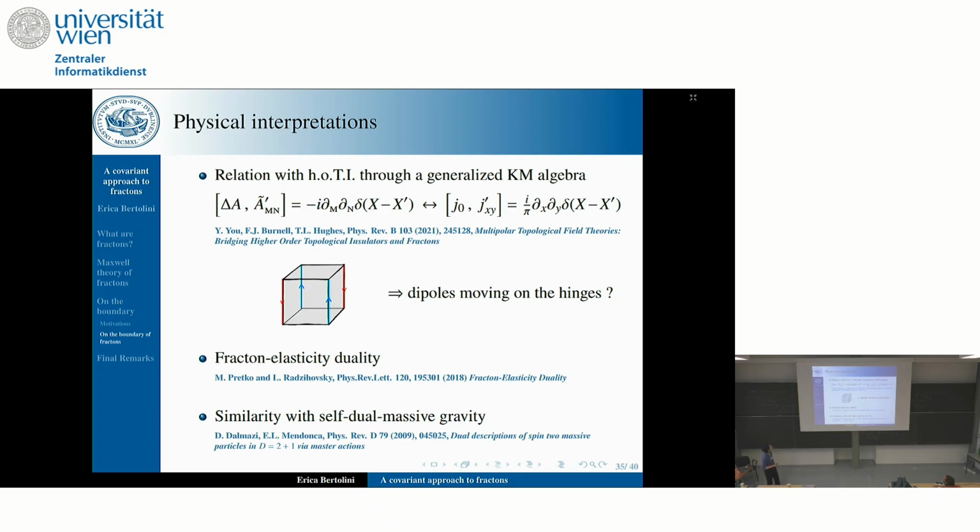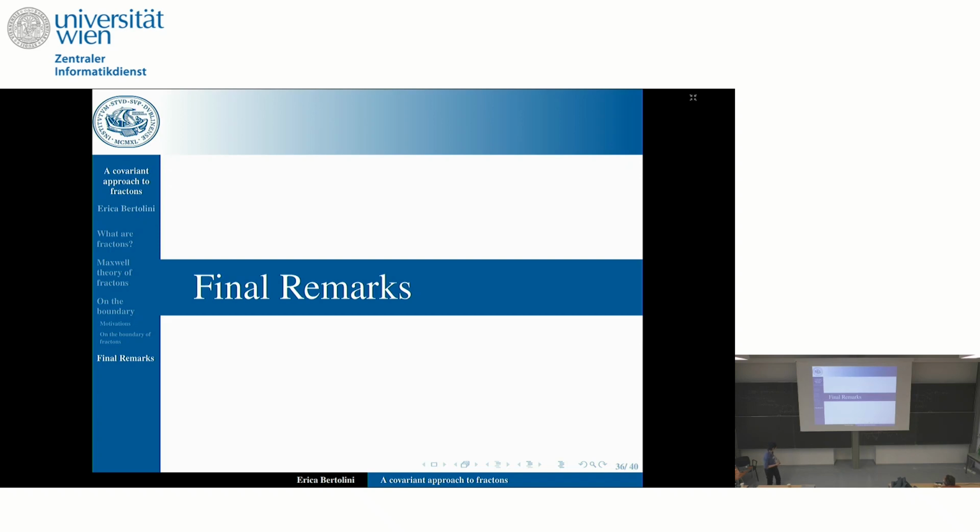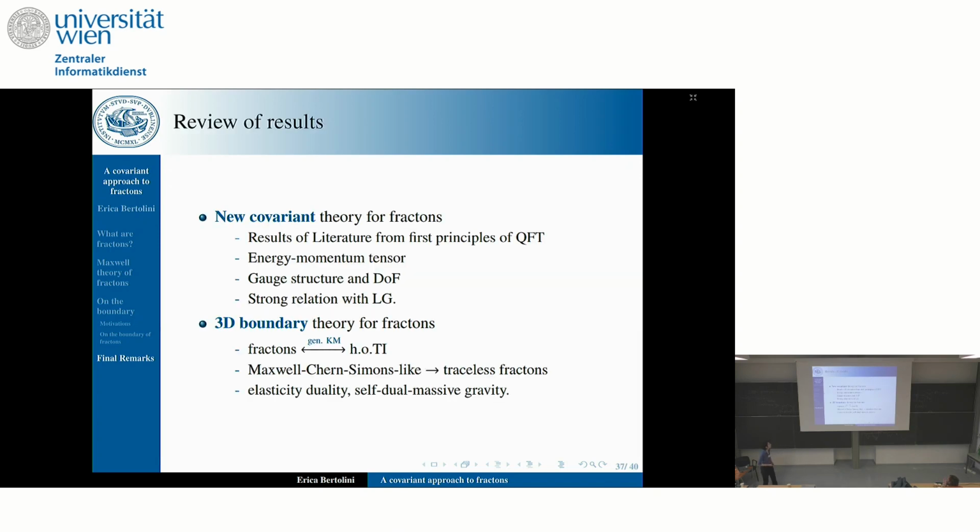But this, I think you will hear more about next week from another speaker, who is a collaborator in Dublin. And so just to conclude, we built a new covariant theory for fractons from first principles of QFT that gives us the results of the literature. We get the energy momentum tensor of the theory, and we studied the gauge structure and the degrees of freedom, and the strong relation with linearized gravity comes out naturally.